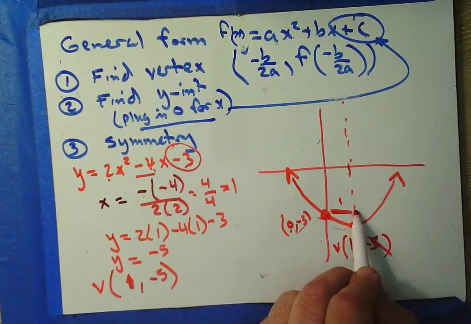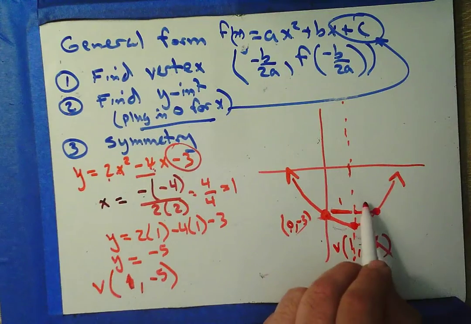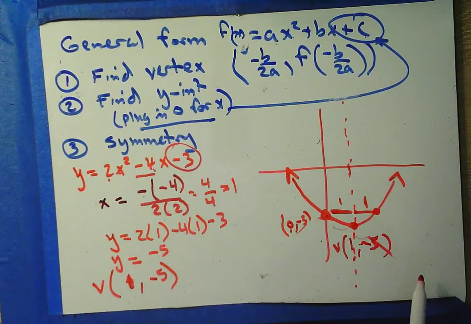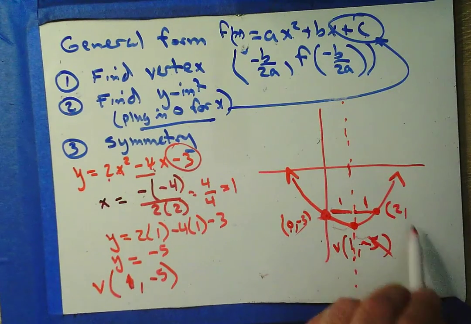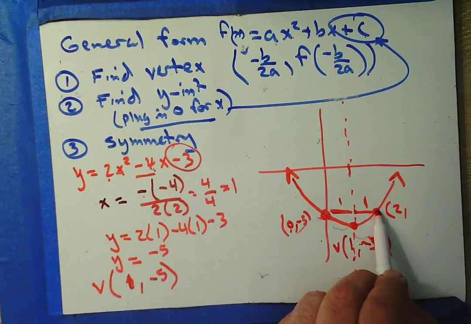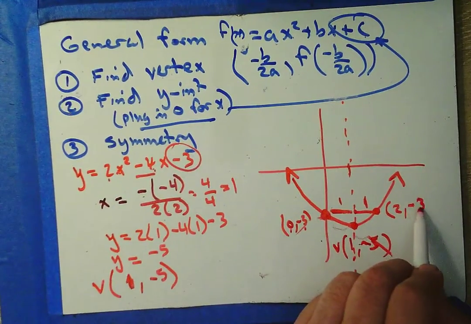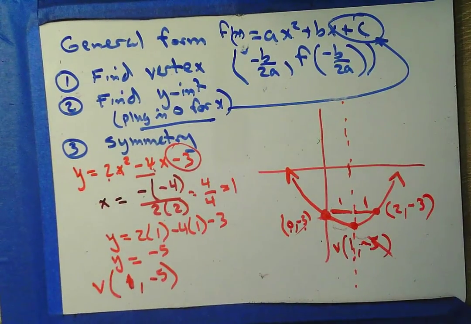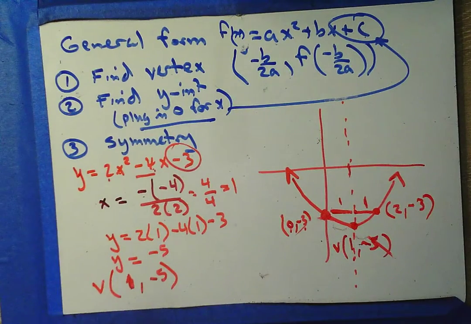So what would be the distance, because of symmetry, from that midline out to this other point? Well, that distance, because of symmetry, would have to be the same. So 1 plus 1 tells me that this is 2, and the y value here is the same as the y value here, negative 3. So there's my graph, all without having to do any completing the square.